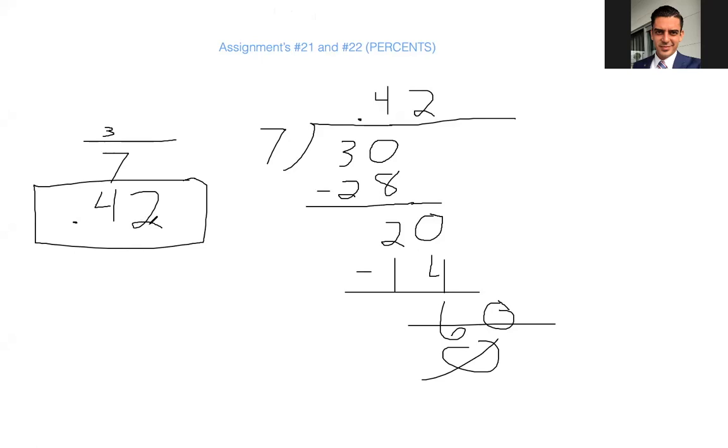To do a percent, it's the opposite of doing a decimal. So now you're going to move over to the right 2 times, and then that's going to be 42%. And that's it, you're done.